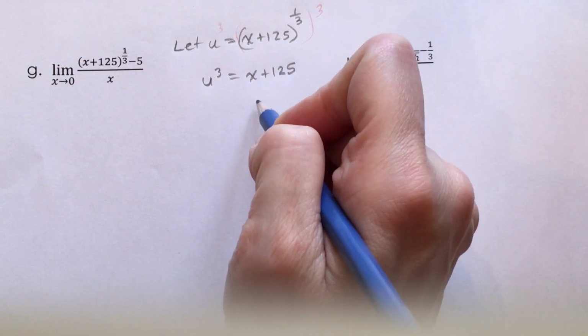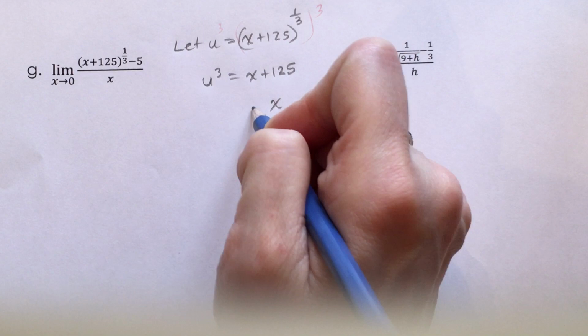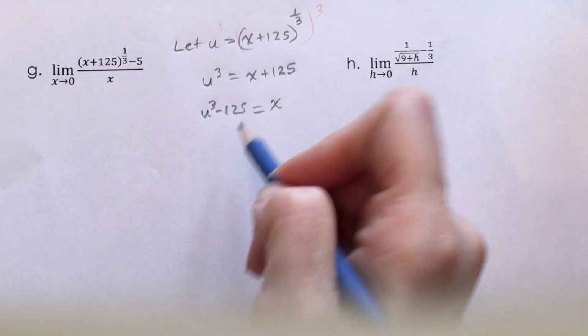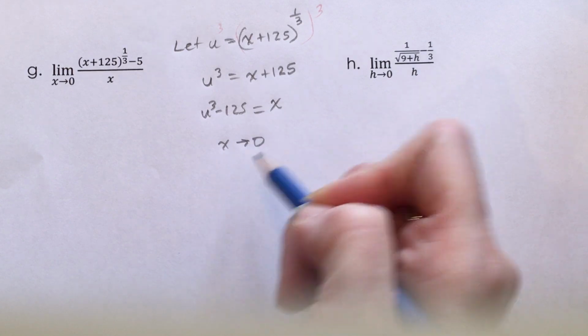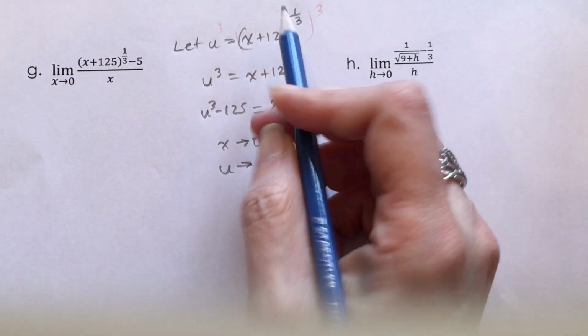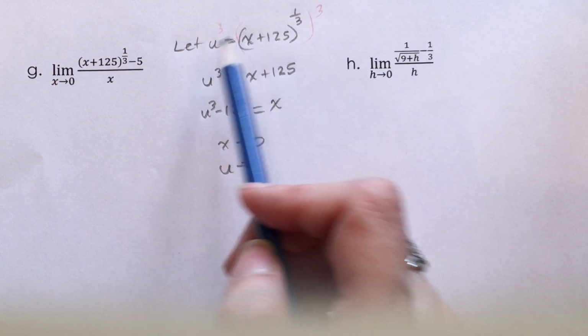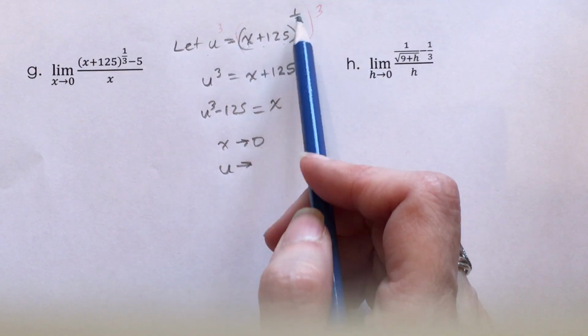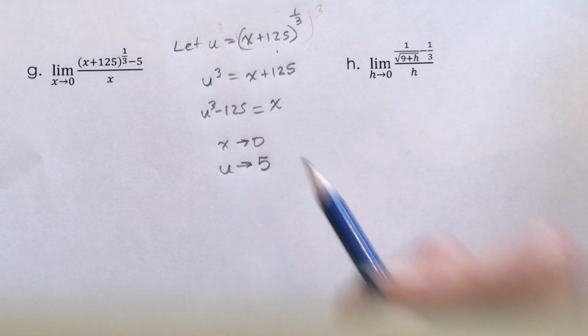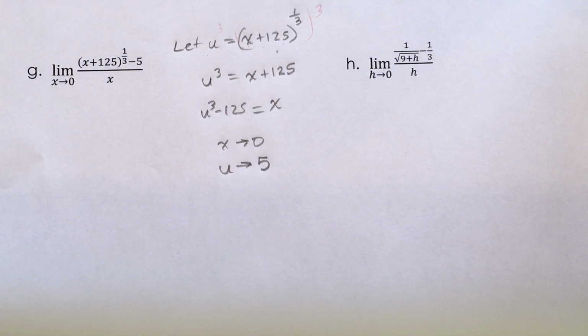Or if we want to get x by itself, subtract 125 from both sides. X is u cubed minus 125. And as x approaches 0, u is going to approach, so imagine 0 being in here, because that's u, 0 plus 125 to the 1/3. So 125 to the 1/3 is 5, because it means the third root of 125.